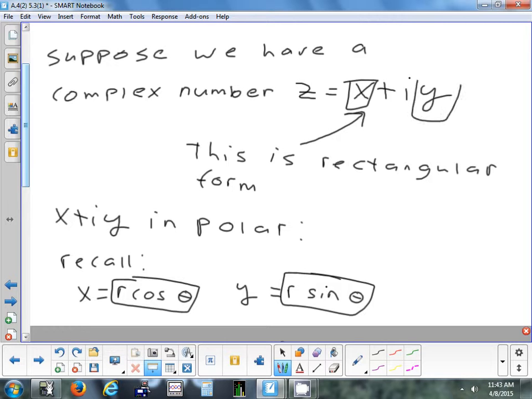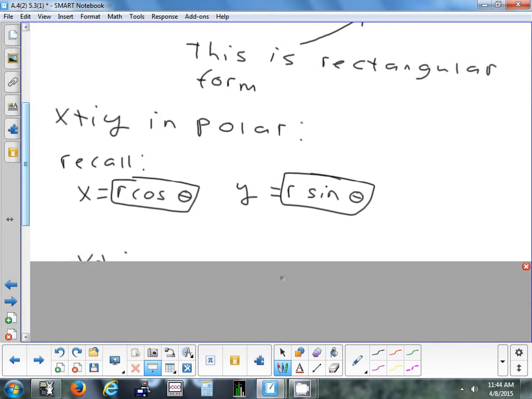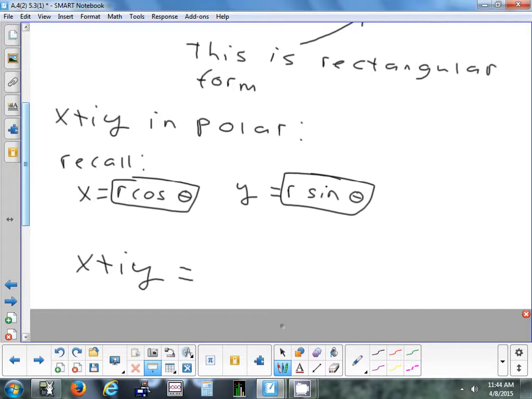You're going to take Y, and change Y to what that says right there, R sine theta. So you're going to substitute in those two things for those two boxes up above. When you do that, we're going to get R cosine theta plus, we have I, that stays right where it is, times Y. Y equals R sine theta.